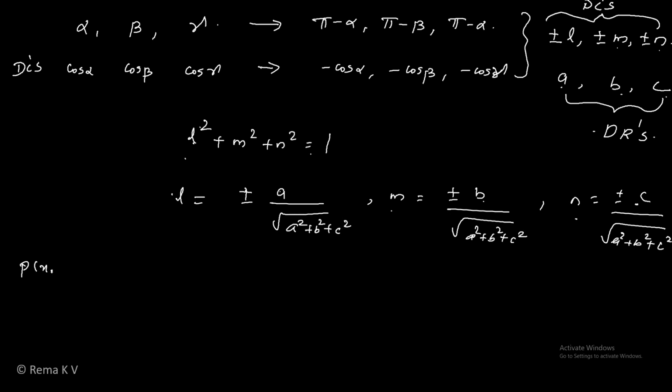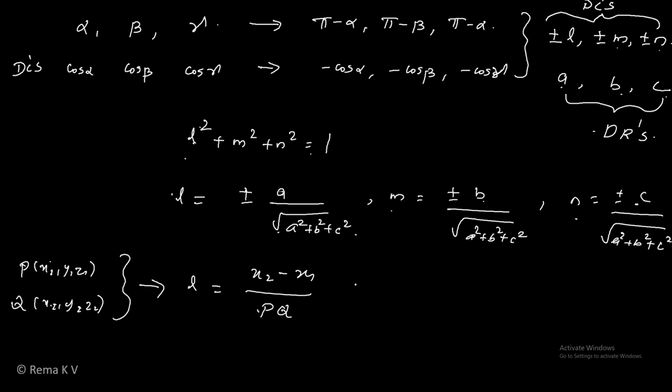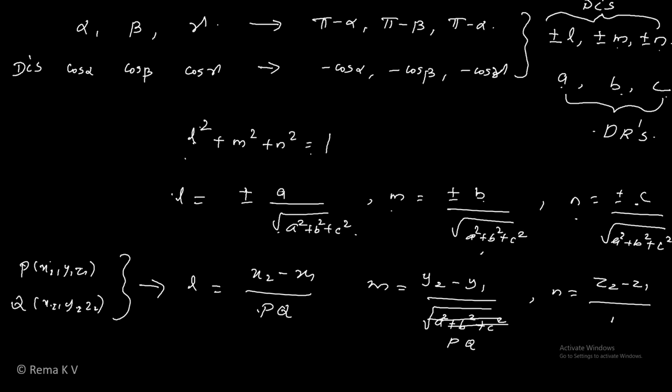And when two points P (x1, y1, z1) and Q (x2, y2, z2) are given, then we can write L is equal to A, which is x2 minus x1, divided by root of A square plus B square plus C square, which is the distance between the two points, written as PQ. And M is equal to B by root of A square plus B square plus C square, that is y2 minus y1 divided by PQ. And N is equal to z2 minus z1, which is C, divided by root of A square plus B square plus C square, the distance between P and Q, which we write as PQ.